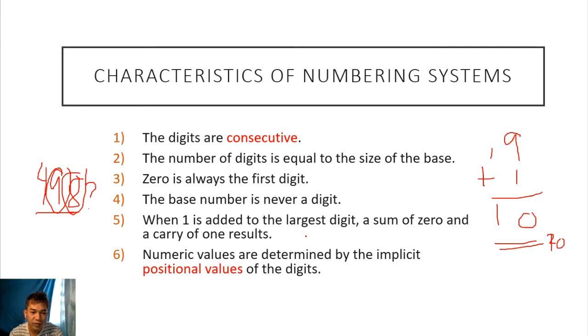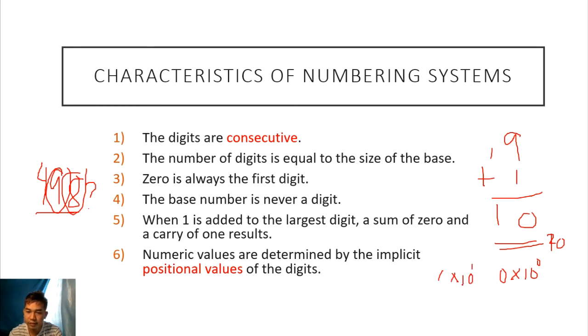Okay, the numeric values are determined by the implicit positional values of the digits. So depende siya. So for example, this one, 1, 0. So that is 10: 0 times 10 to the power of 0. Ito naman, 1 times 10 to the power of 1.